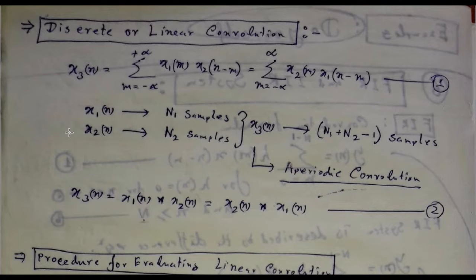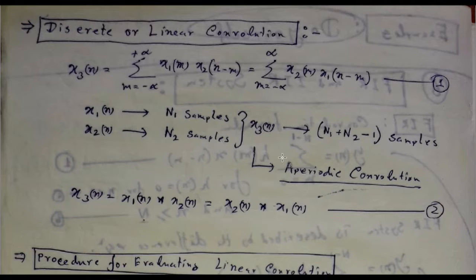Now if the length of the first signal x1[n] is capital N1 samples, and the length of x2[n] is capital N2 samples, then what will be the number of samples or length of the convolved signal x3[n]? The length will be N1 plus N2 minus 1, remember.